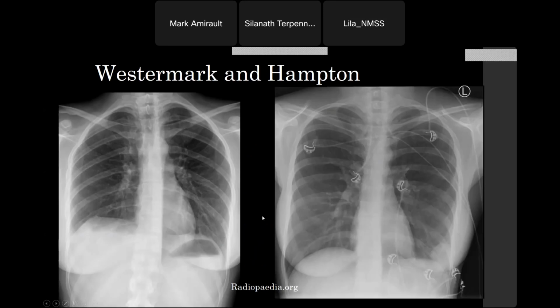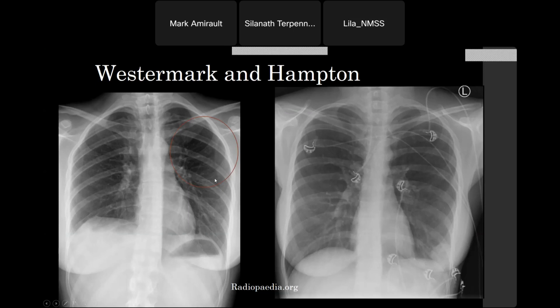We don't use these much anymore here because we get a lot of CTAs of the chest, but it is possible to sometimes see these. We call these the Westermark and Hampton signs. I wouldn't worry about them too much. I don't find these very often, but see this opacity here, and this lucency here.